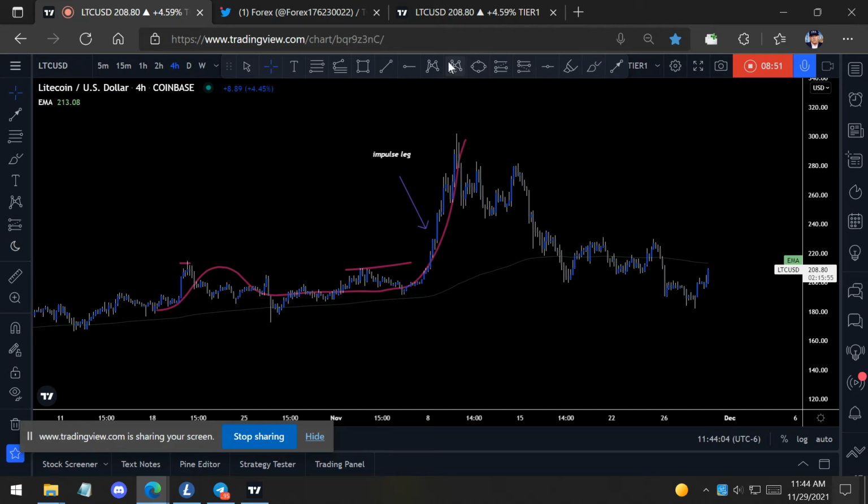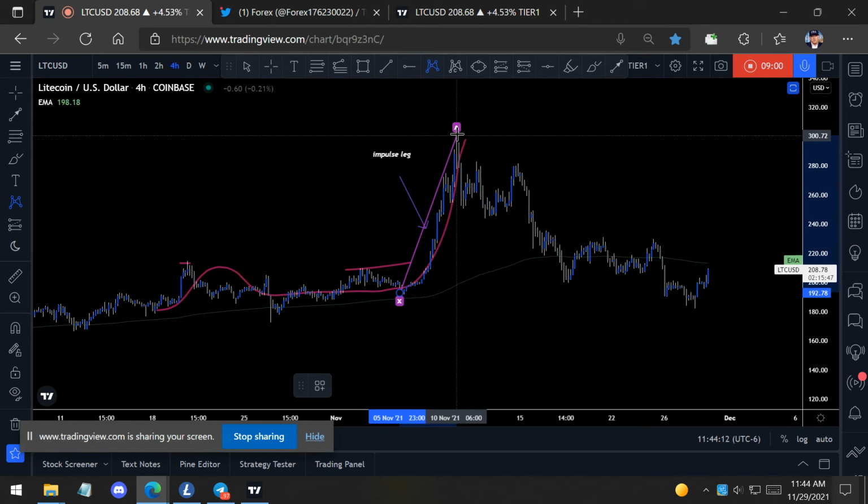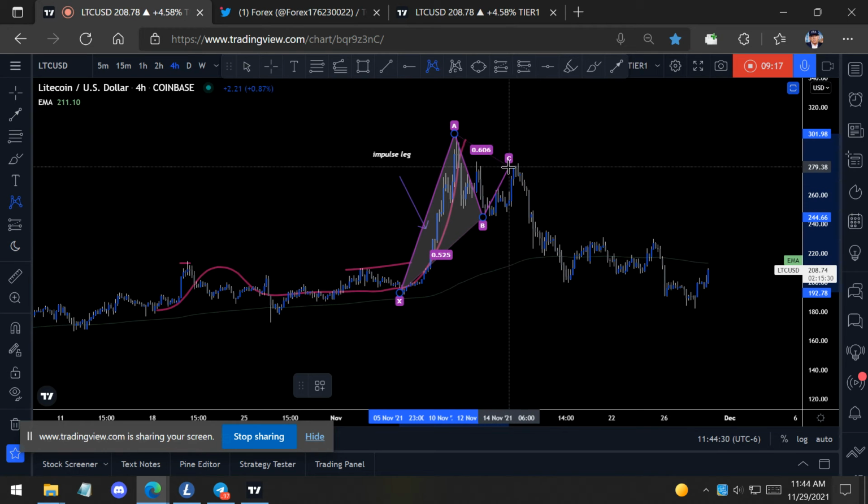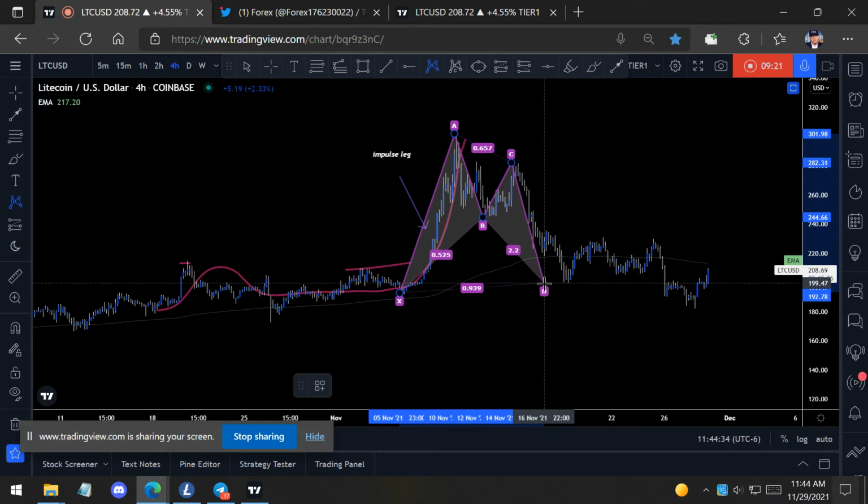So my X point would be 191.92. My impulse leg would go all the way up here to 301.302. Our B retracement would come right here to 50% at 244. Our C leg would come all the way up here at 282. Our D point is right at the 88.6, right there.